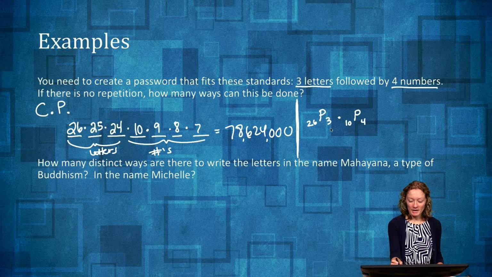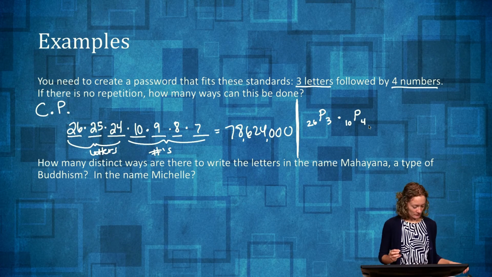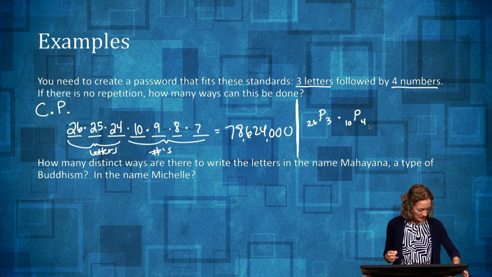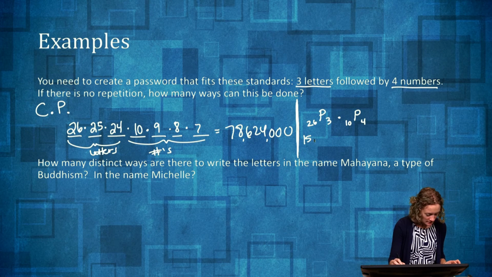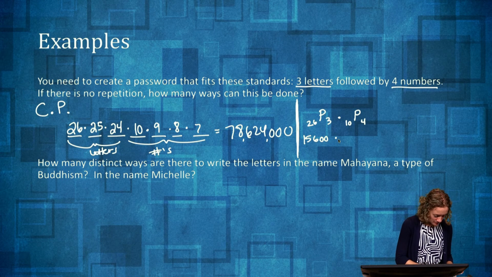So 26, you're picking 3, 10, you're picking 4 for the digits. We can get each one independently and then multiply them together, or you can type it in all at once. Probability, P R 3. So we get 15,600 ways we can choose the letters. This is just the work. You don't necessarily need to have shown this.